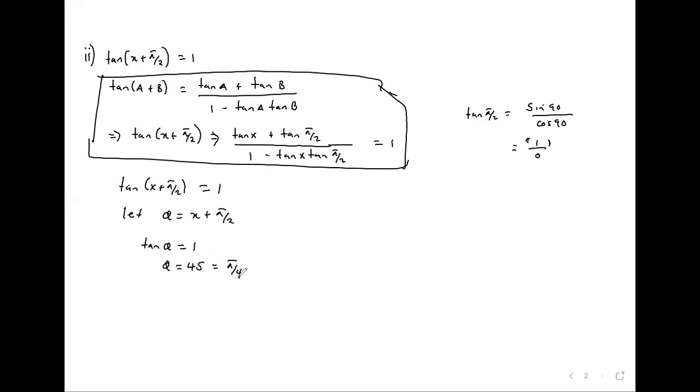Since it must be in the first quadrant, from 0 to 180, we are saying x plus pi over 2 is equal to pi over 4. So we are solving for x, so x is equal to pi over 4 minus.